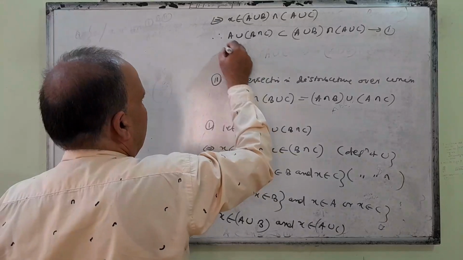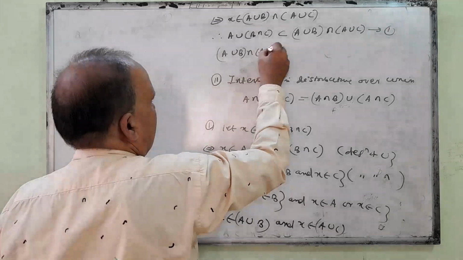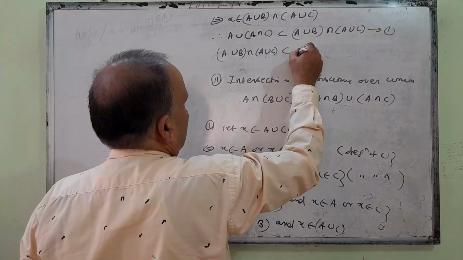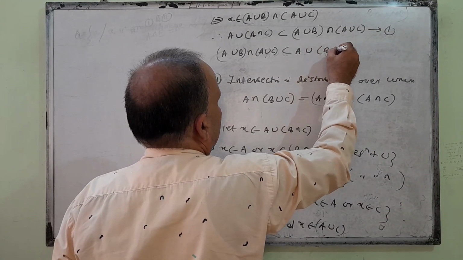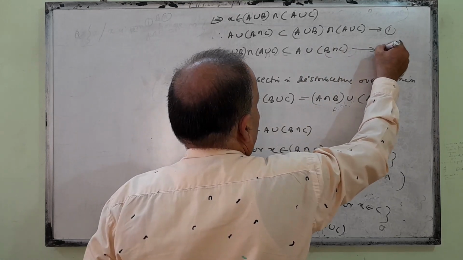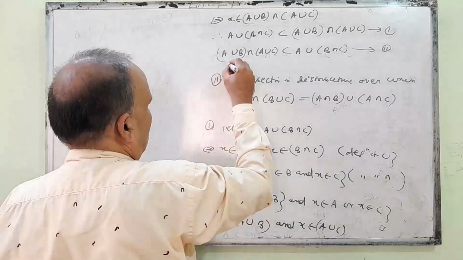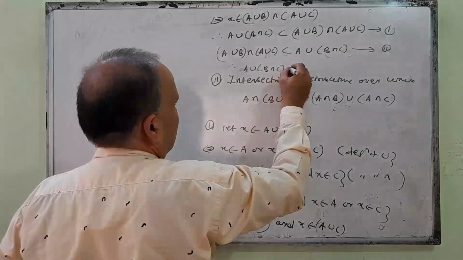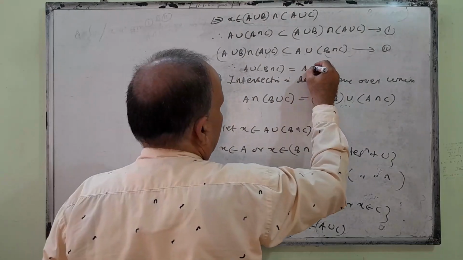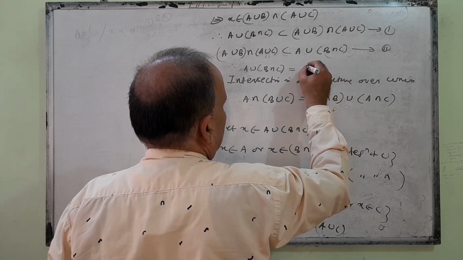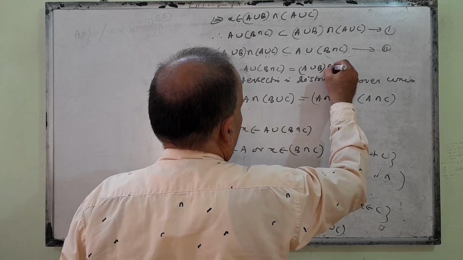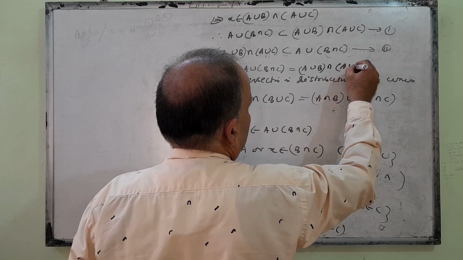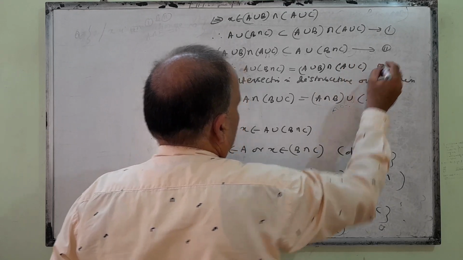And (A union B) intersection (A union C) is a subset of A union (B intersection C). This is your second part. So A union (B intersection C) is equal to (A union B) intersection (A union C). This proof is over.